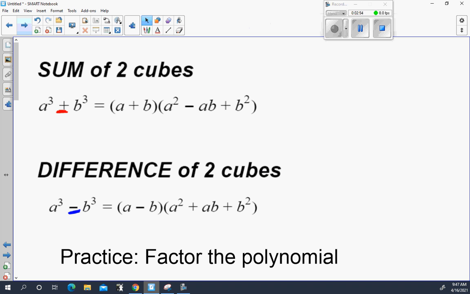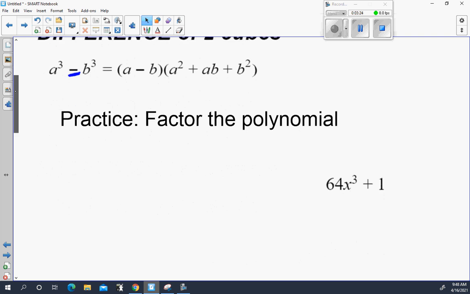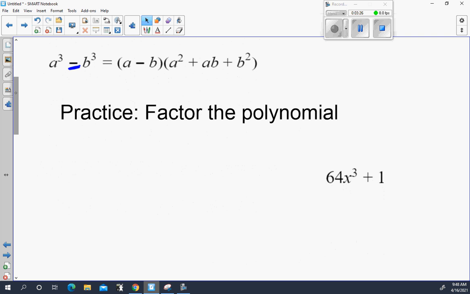We have these 2 formulas, where we take our number that was cubed, put it in front, a and b, and then we have a squared minus ab plus b squared, and then the difference, right, same thing, but just with different adding and subtracting pieces. Let's practice, because I think that might be the best way to get this done.